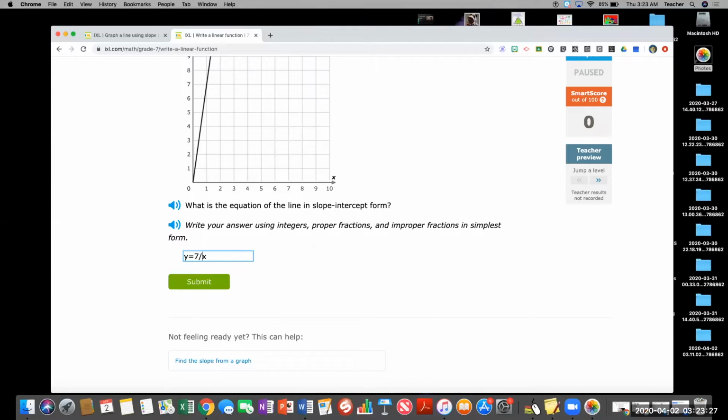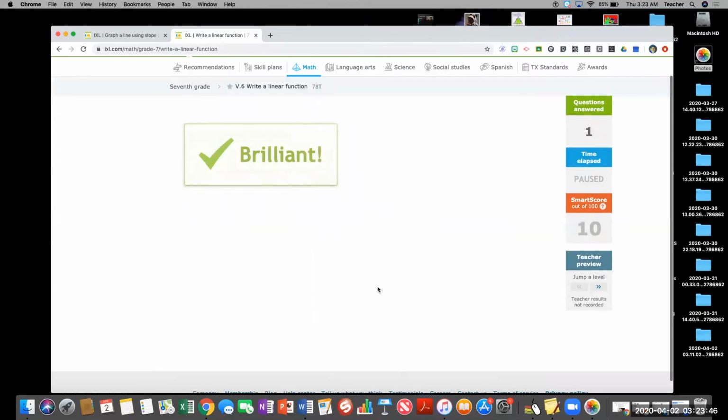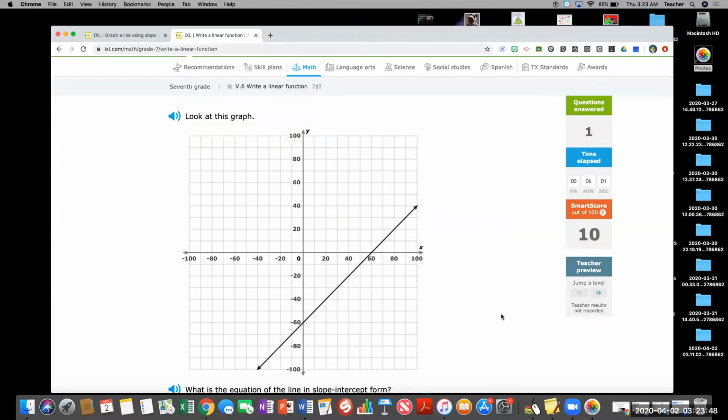So I can go ahead and take the over 1 and get rid of that. So y equals 7 times x. So whatever x was, if I told you x was 1, then y has to be 7 times that 1, which would be 7. If x was 2, y would be 7 times 2, which is 14, okay? Genius.